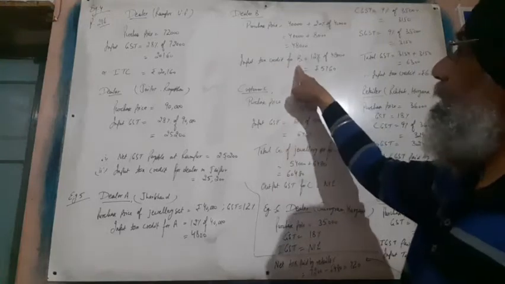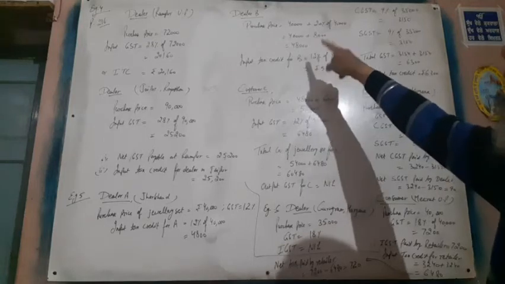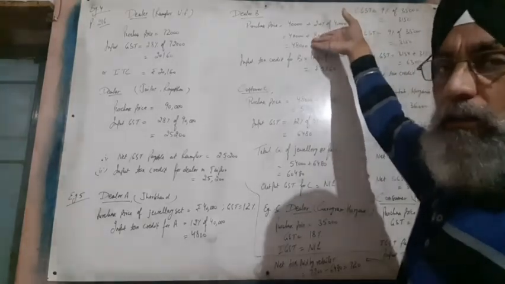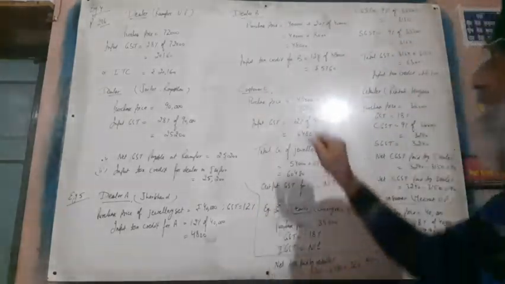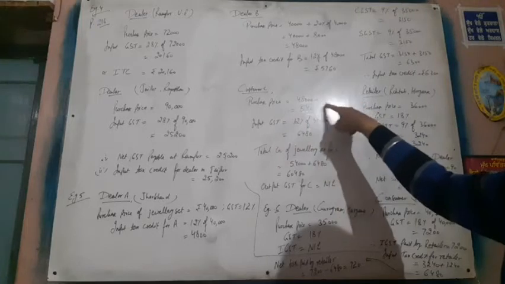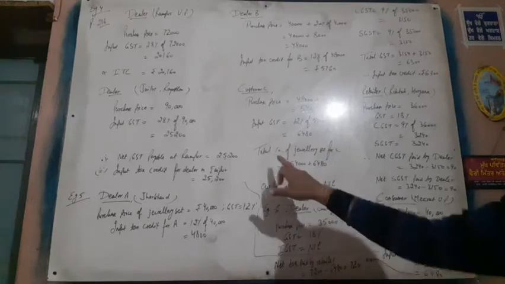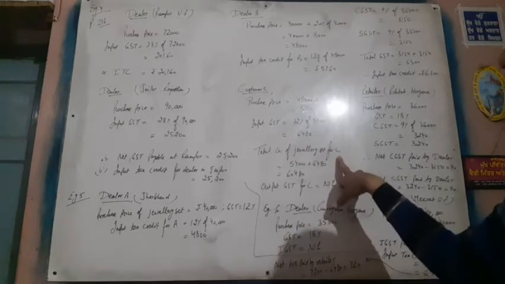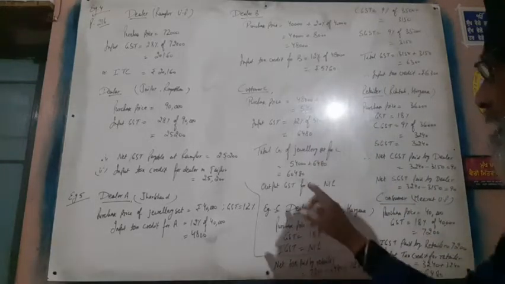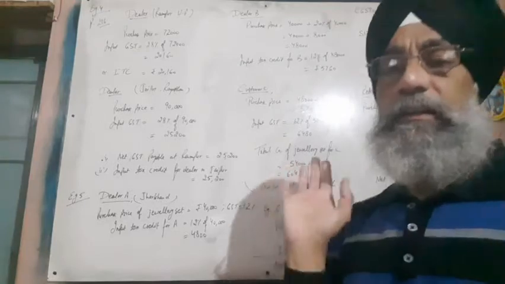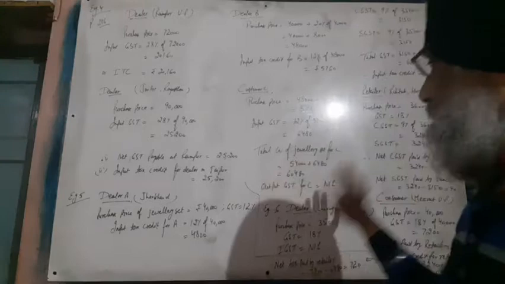Input tax credit for B, meaning GST paid by B at 12%, is 5,760. Now dealer B sells at a profit of rupees 6,000 to the customer C. So the purchase price of customer C becomes 48,000 plus 6,000, which is 54,000. GST paid by the customer is 6,480. Total cost for the customer becomes 54,000 plus 6,480, that is 60,480. As C hasn't sold this jewelry set, there is no output GST for C, so it is nil here.